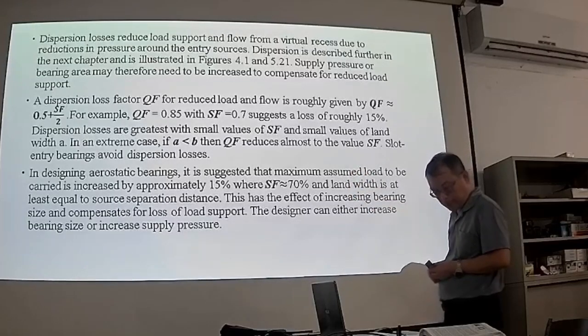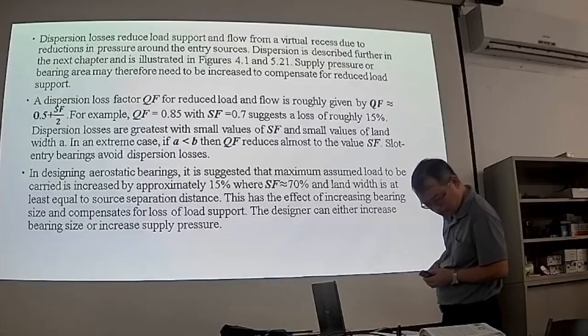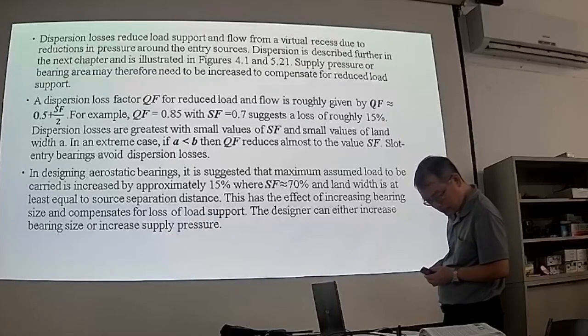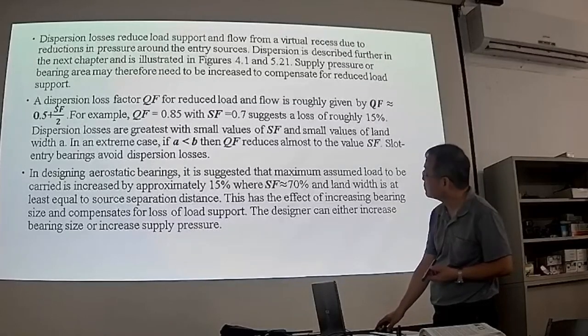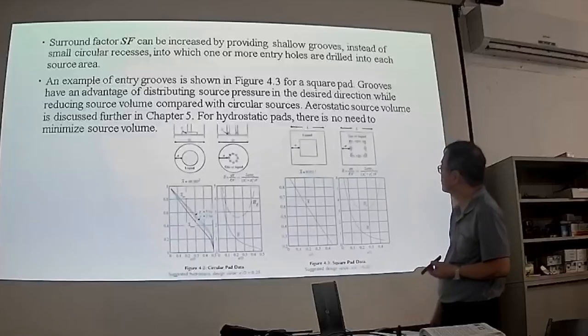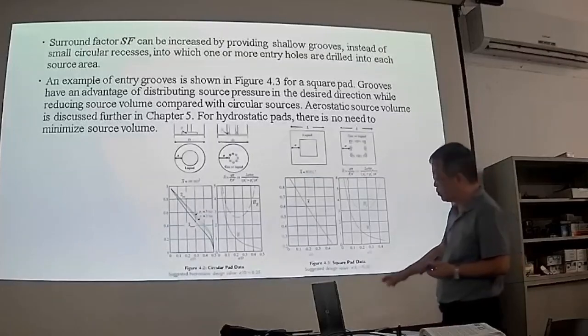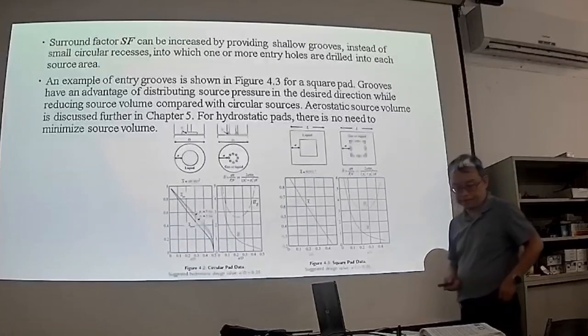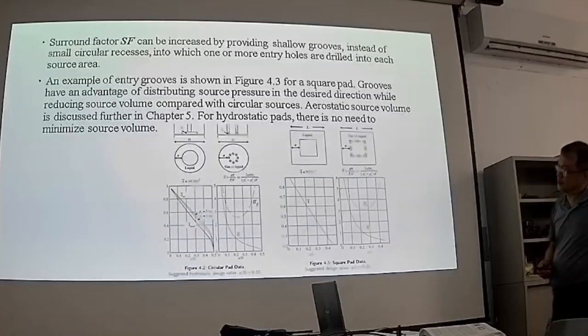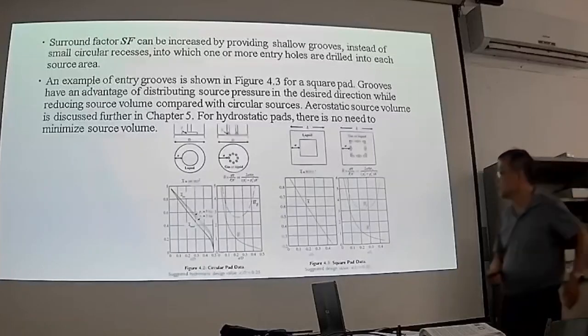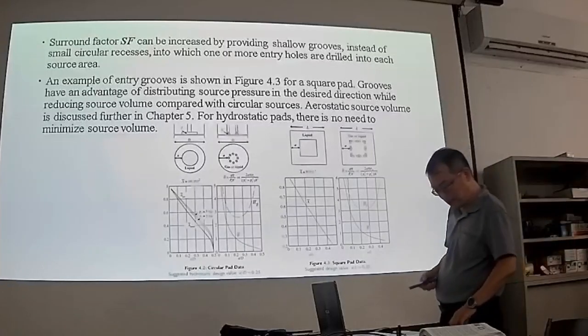So we can look at the figures 4.2 and 4.3. This is the comparison for the design chart. This is a bit too small.